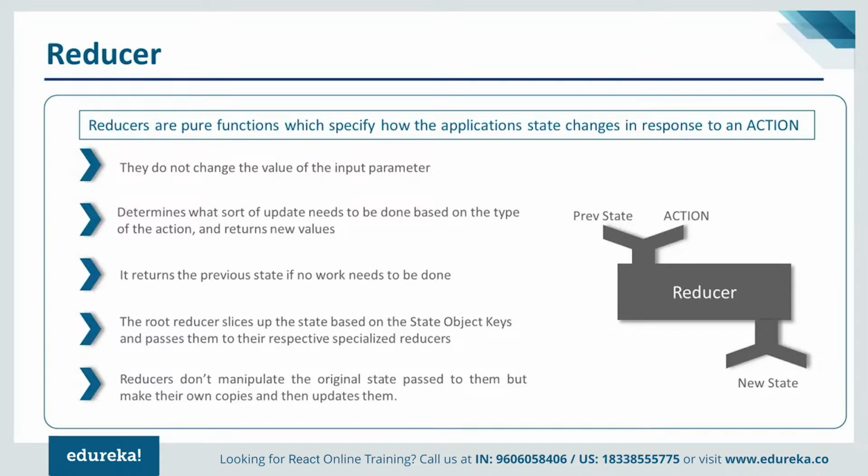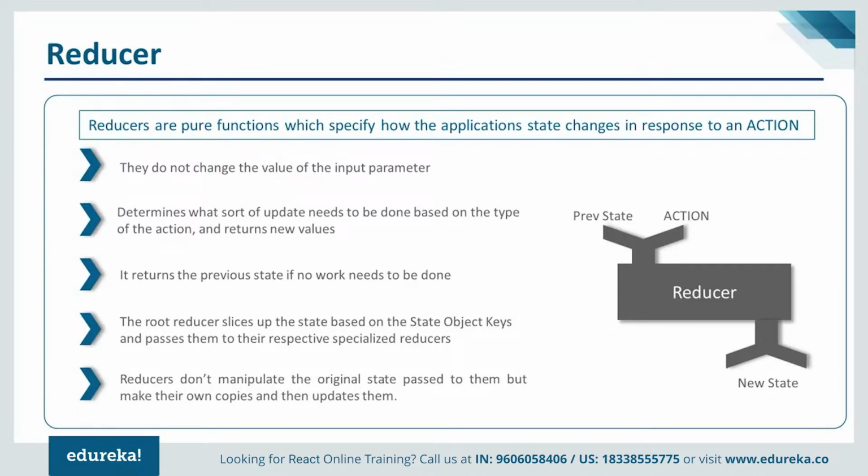As we saw, actions are the payloads of information which give input to the store. So in between these two things, there is a Redux component called reducers, which are pure functions which specify how application state changes in response to an action. They do not change the value of the input parameter.